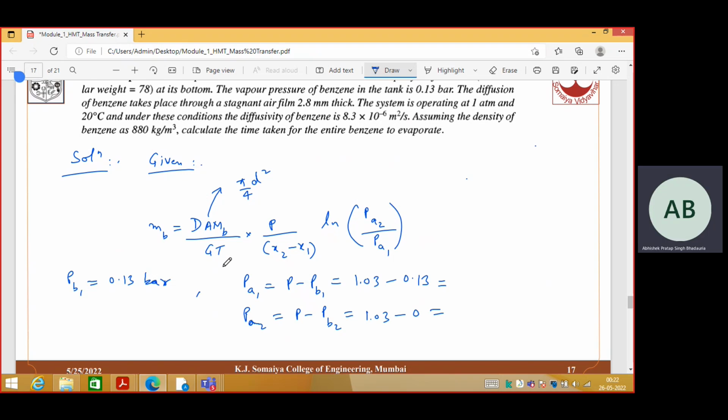This delta X, the thickness, is 2.8 mm. We put all these values, so we can calculate it. The calculated answer is 0.03137 kg per second.